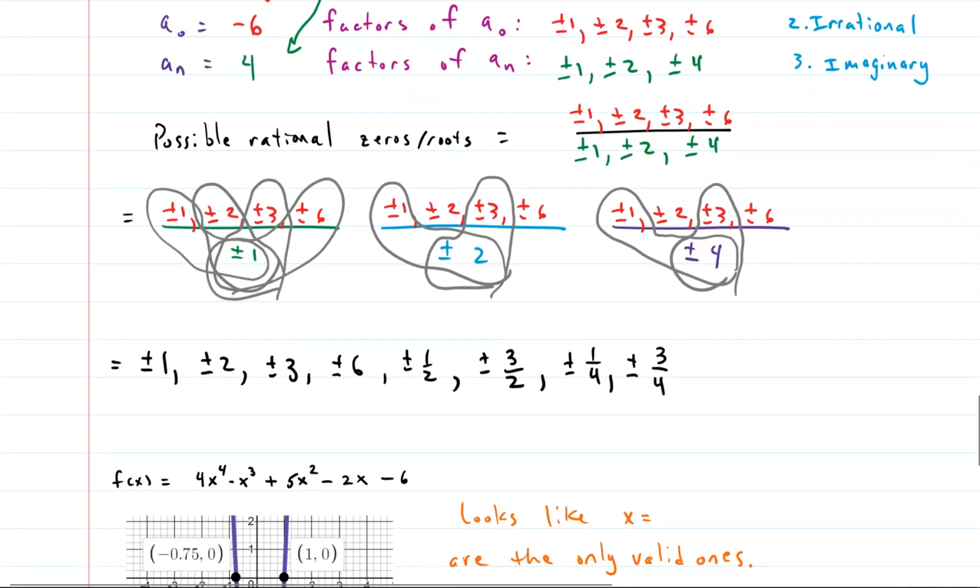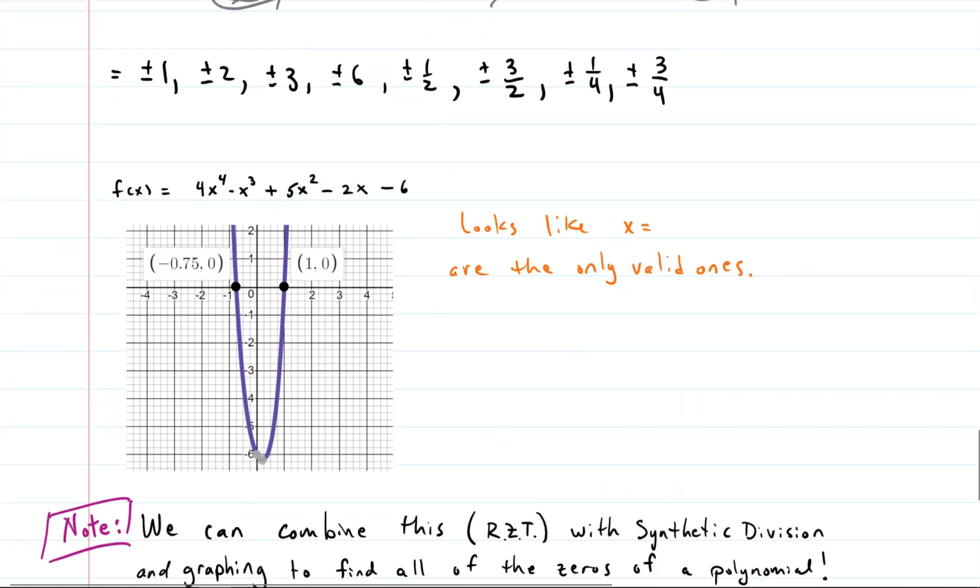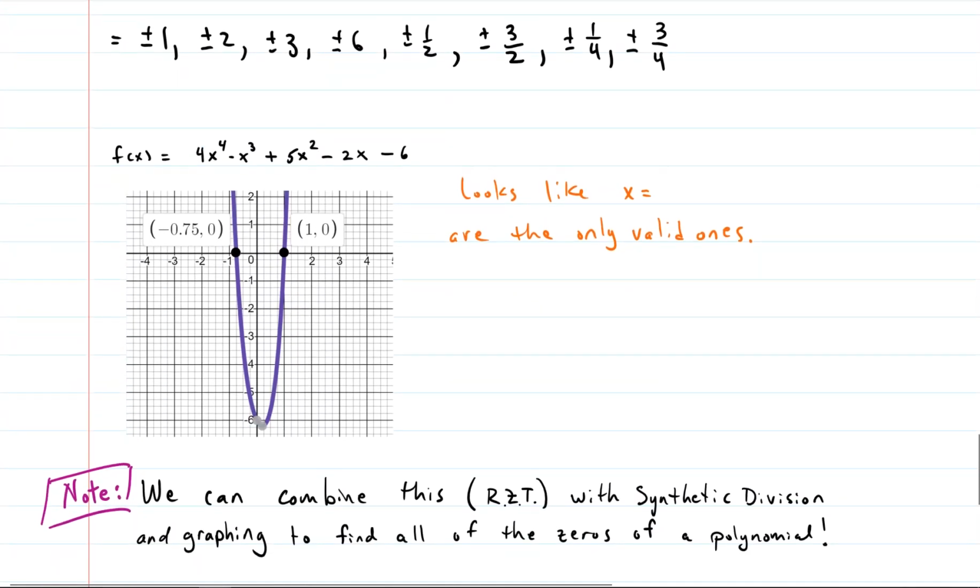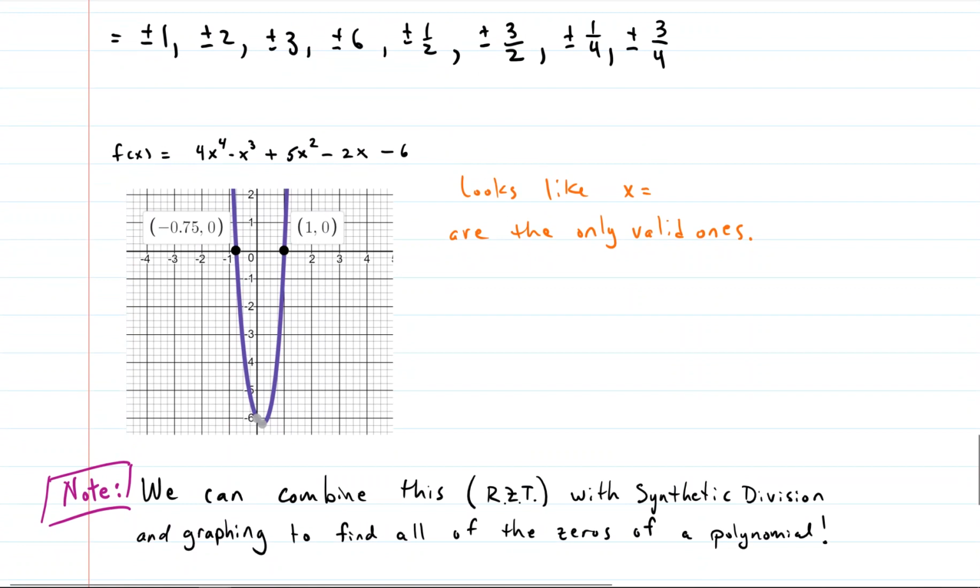So here's our list. Again, if we graph it, we can tell which of these are the actual valid ones. And if we look, there's a 1 and a negative 3/4. So where are those? Let's find them. The 1, there's the positive 1, right?